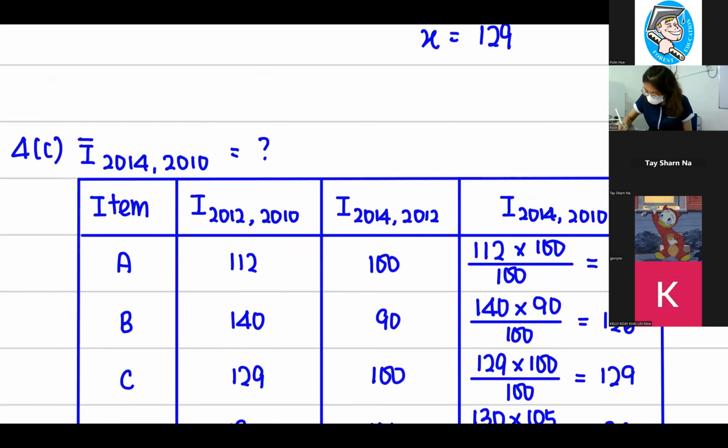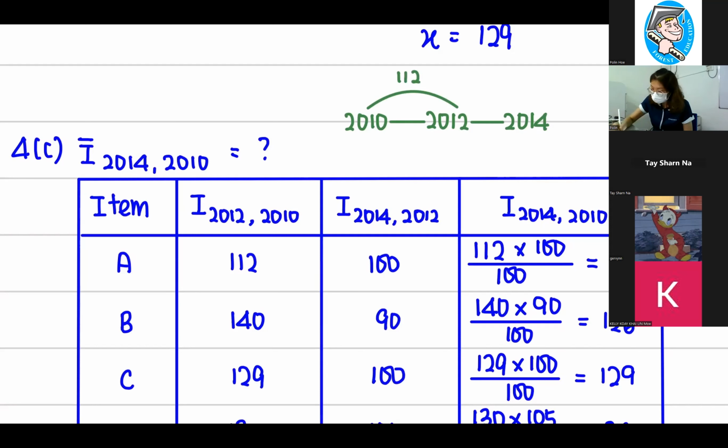2010, 2012, and 2014. For item A only, everybody look at item A. 2012 based on 2010 is 112.